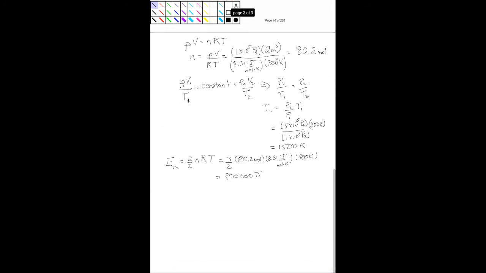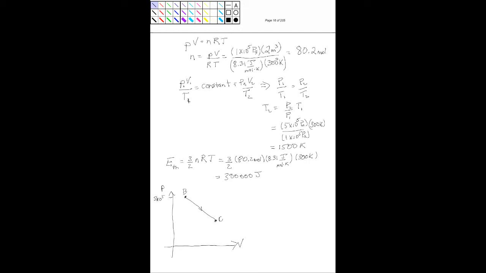So why don't I redraw that graph roughly down here. So we have our PV diagram, and as we go from B to C, we lose pressure and gain volume. Now the pressure at B was 5 times 10 to the 5.